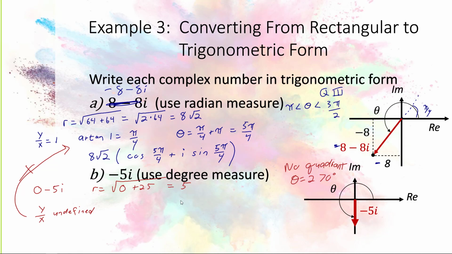We know what theta is. We know what r is. We can actually write this as 5 times the cosine of 270 degrees plus i times the sine of 270 degrees, and there it is in trigonometric form.